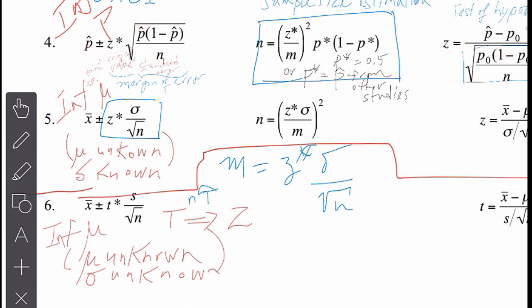If it's a question about weights and heights and sales, then it's about means, and that's where you go here. And in the case of means, whether you've been given the population standard deviation or not.